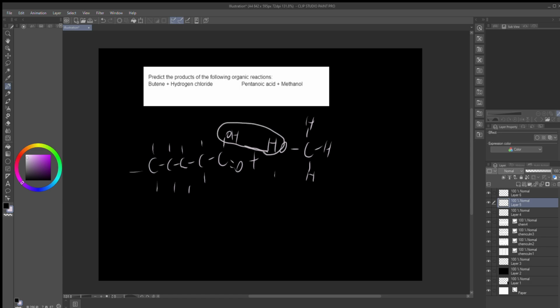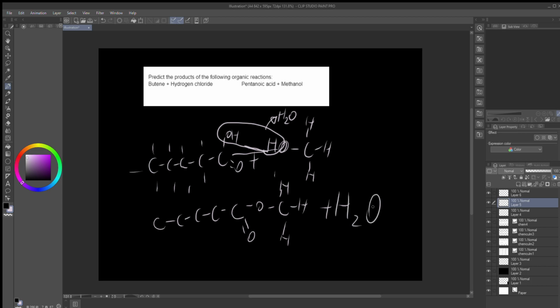So we could imagine this OH popping out to produce H2O, and the O here bonding with the carbon here. And so we will be left with C, double bonded O, and then single bonded to an O, single bonded to a C, bonded to hydrogens, plus H2O. And then we could assume that these are all just hydrogens.